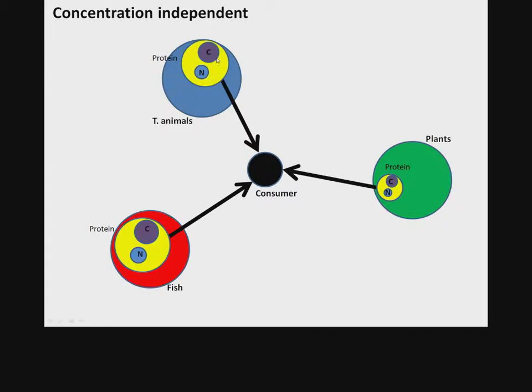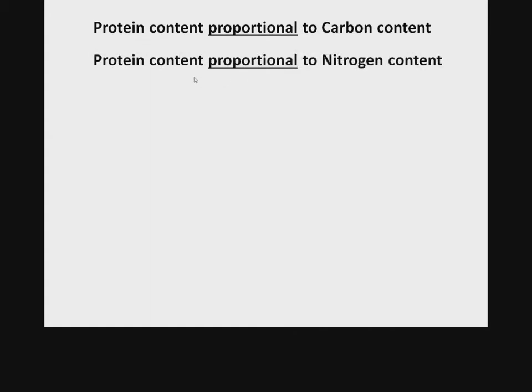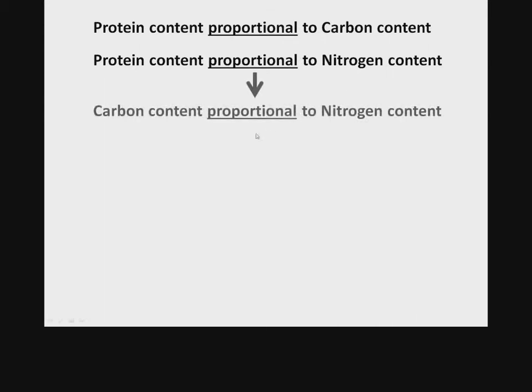Well, there are a couple of implicit assumptions here. One is that the protein content among the different food groups is proportional to the carbon content. And two, that the protein content is proportional to the nitrogen content among the different food groups. And these two statements have as a logical consequence that the carbon content among the different food groups is proportional to the nitrogen content.